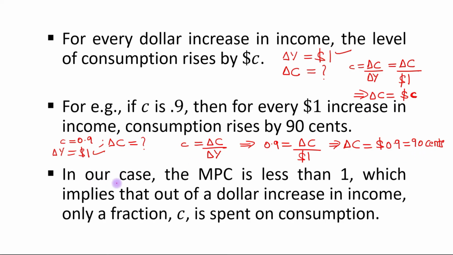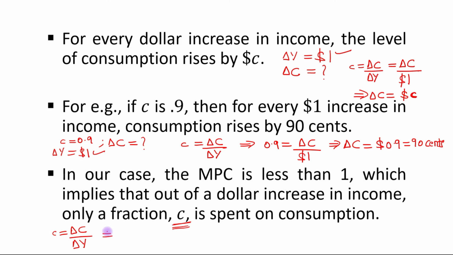In our case, the marginal propensity to consume is less than 1, which implies that out of a $1 increase in income, only a fraction c, only a fraction MPC, will be spent on consumption. That means MPC equals change in consumption upon change in income.